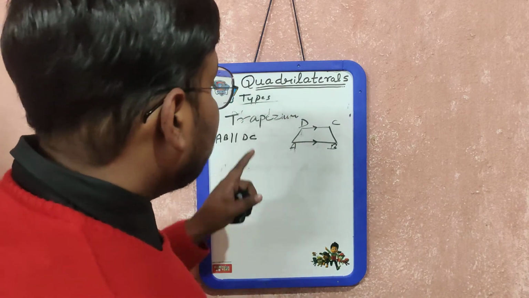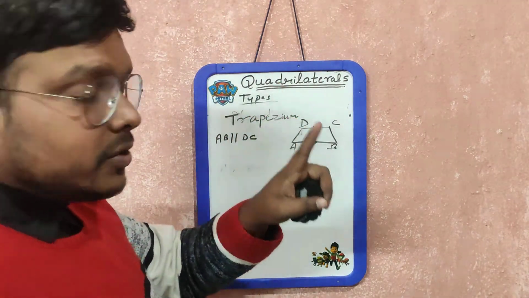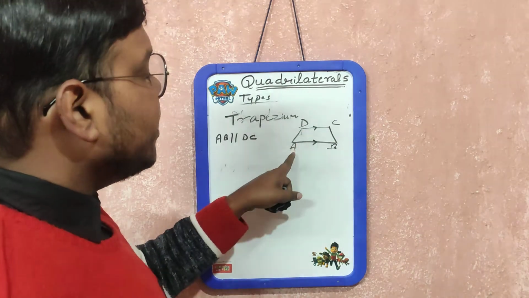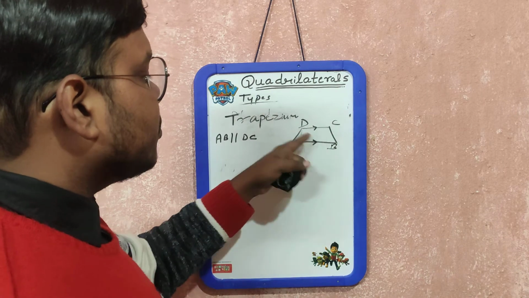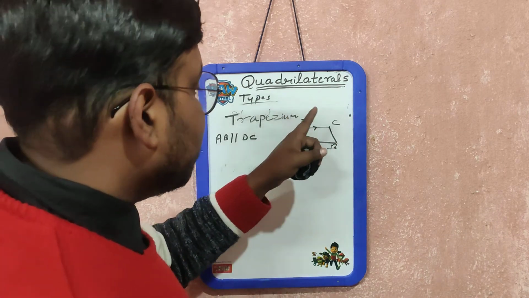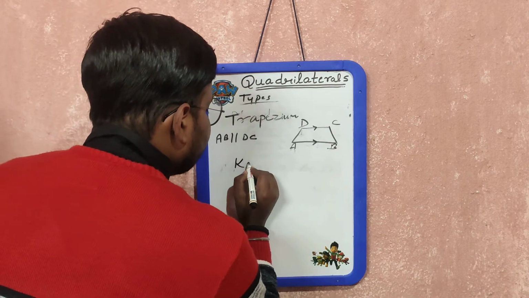There is also a kind of isosceles trapezium in which the non-parallel sides are equal in length. That means if AD is equal to BC and AB is parallel to DC, then this trapezium is called an isosceles trapezium. And one last figure is kite.